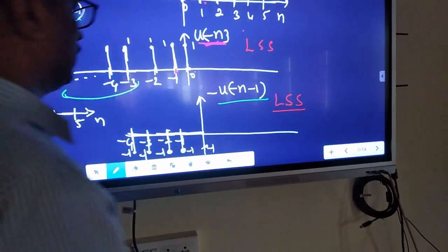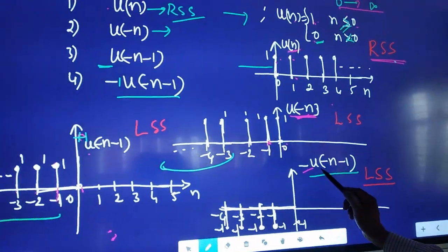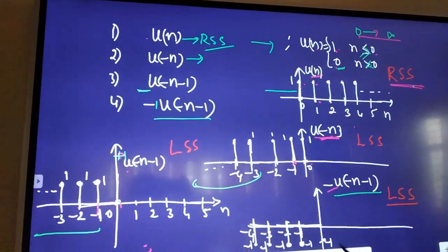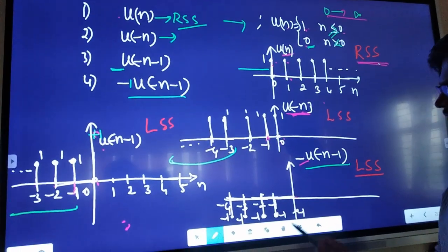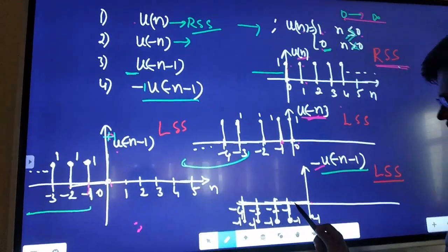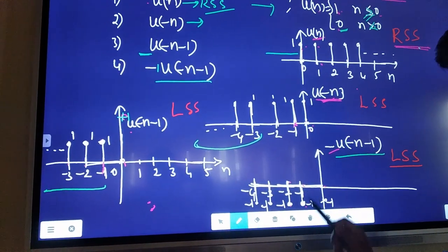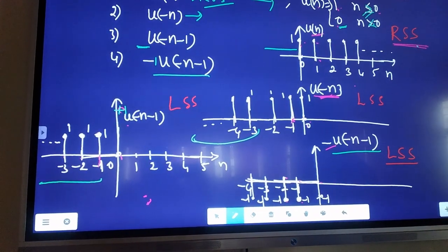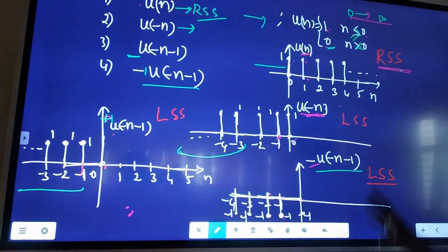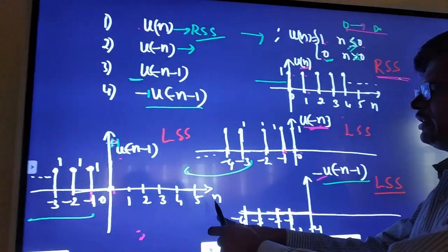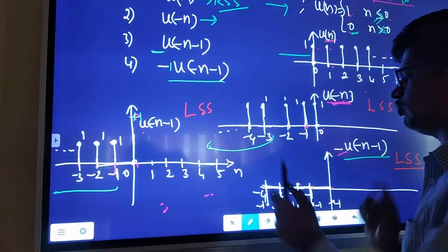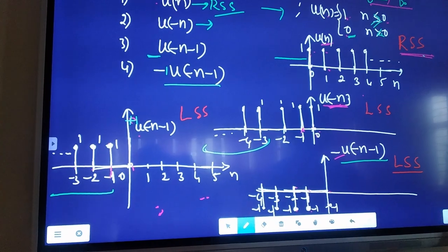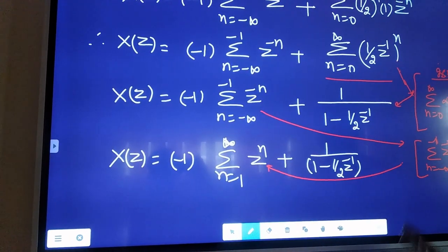Therefore, this should actually be downwards. u of minus n minus 1 here has value minus 1. See, it starts from minus 1. At minus 1 its value is minus 1, at minus 2 its value is minus 1, like that up to infinity. Now, this is required in Z transforms: the summation starts from minus infinity to minus 1. That's the meaning.